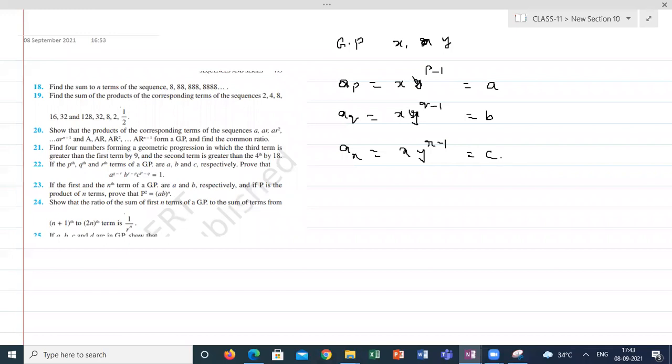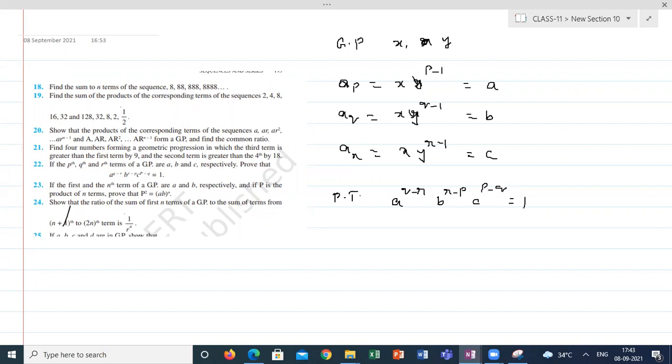Prove that A power Q minus R into B power R minus P into C power P minus Q will be equal to 1.